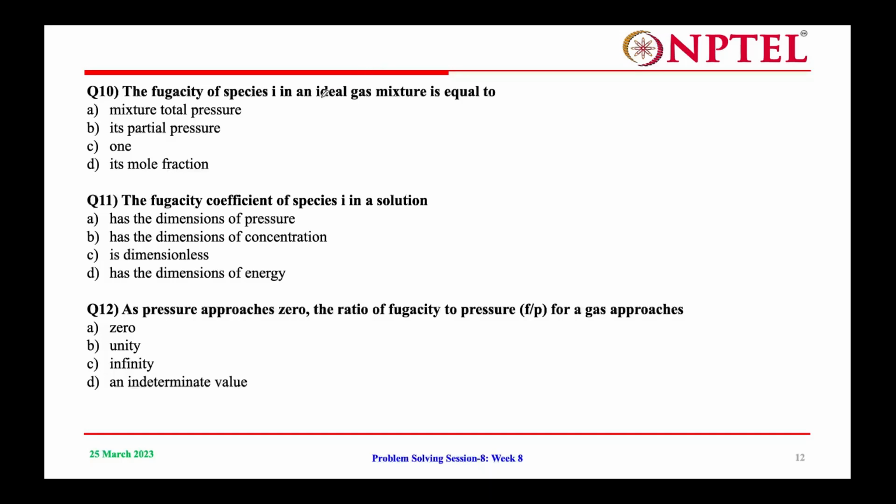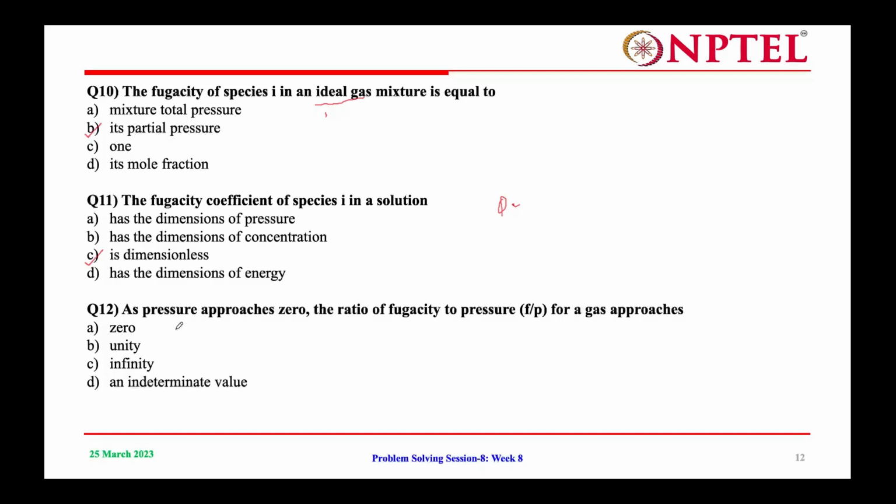Here it is asked for the ideal gas mixture, so it is the partial pressure. And question 11: the fugacity coefficient of species i in a solution.